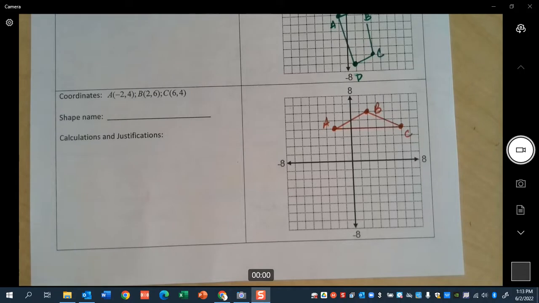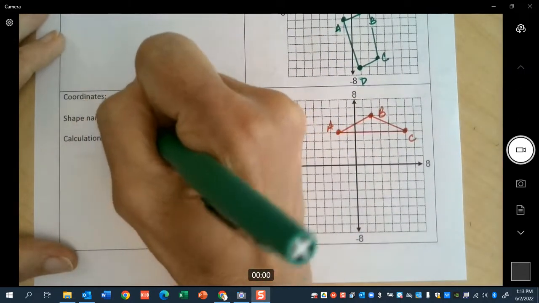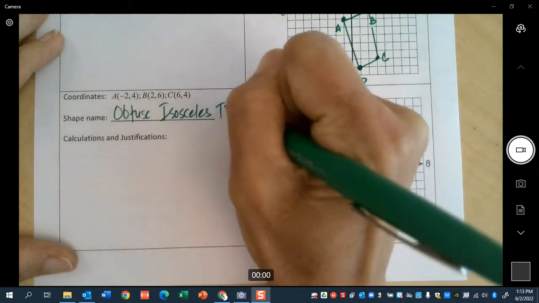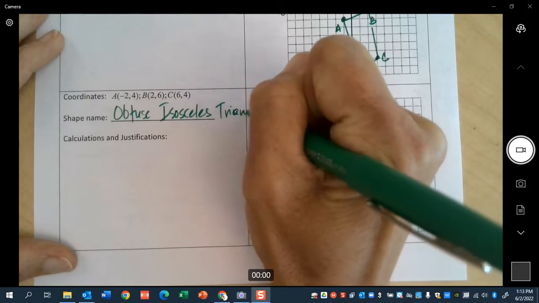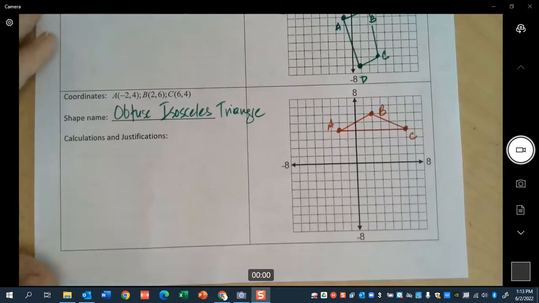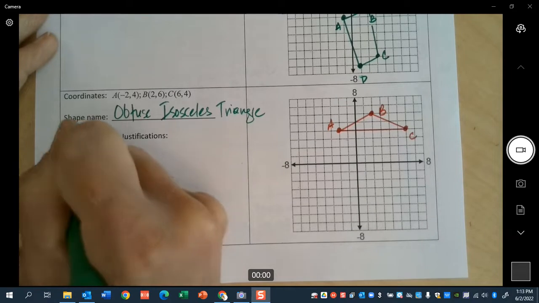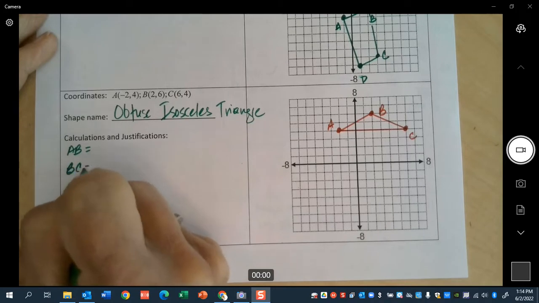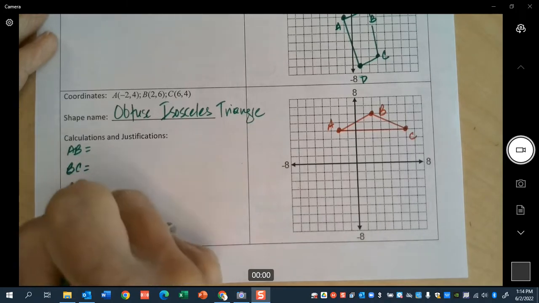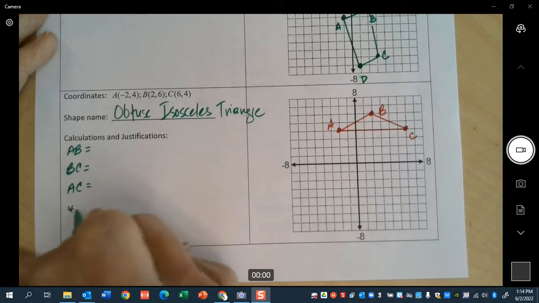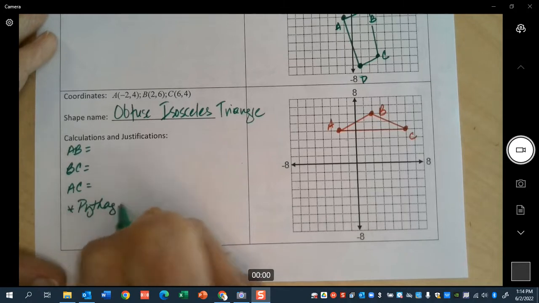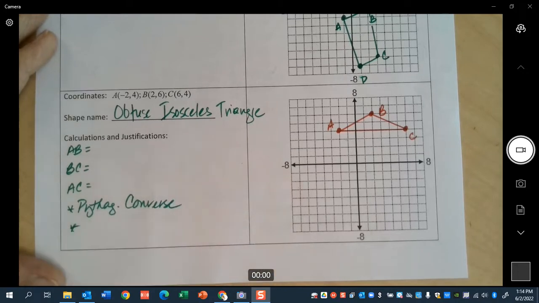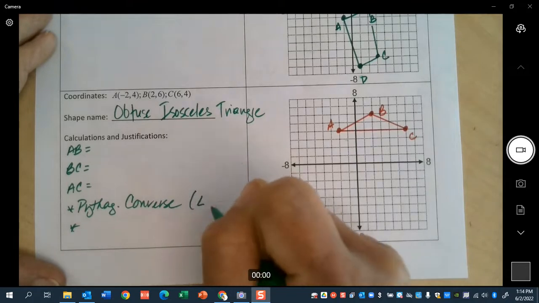So for this one, if I want to get to it being an obtuse isosceles triangle, I'm going to have to find the distance from A to B, the distance from B to C, and the distance from A to C. I'm going to have to use my Pythagorean converse, and that's going to give me my angle measure.